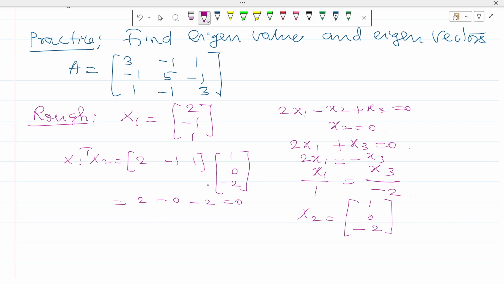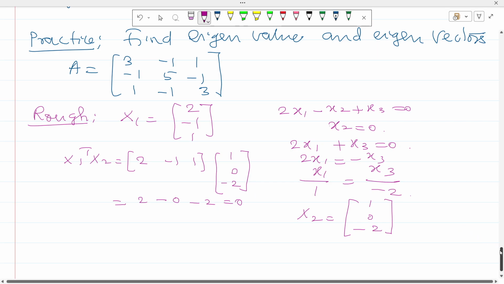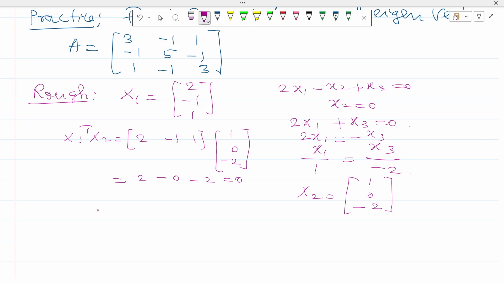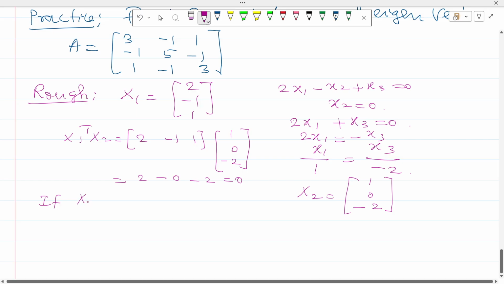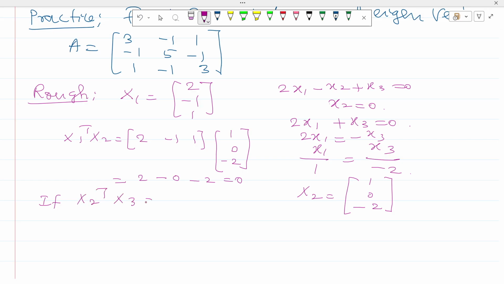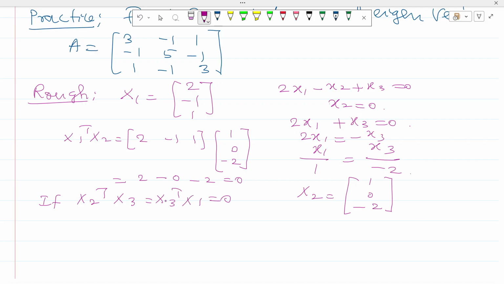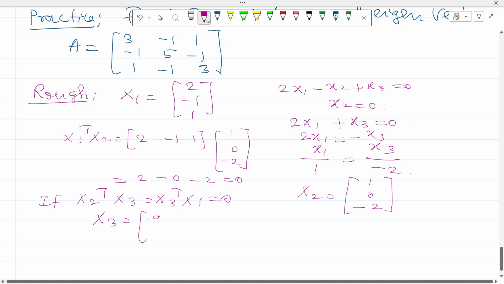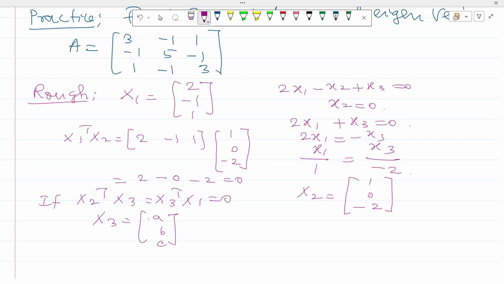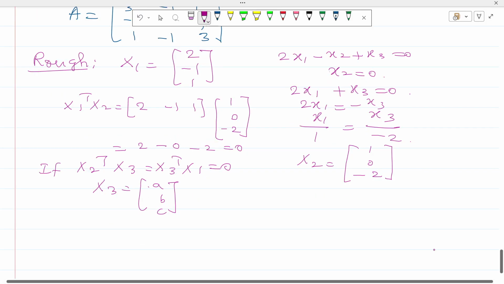So now using this, how can you find the third eigenvector? For the third eigenvector, if x2 transpose x3 equal to x3 transpose x1 equal to 0, then only that condition is satisfied. I don't know that x3, so generally I can take x3 equal to a b c.